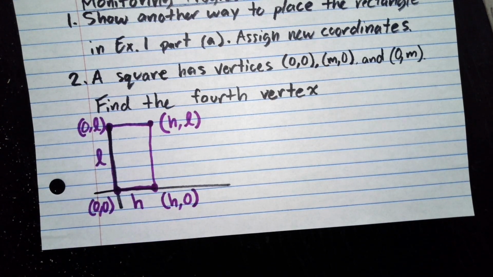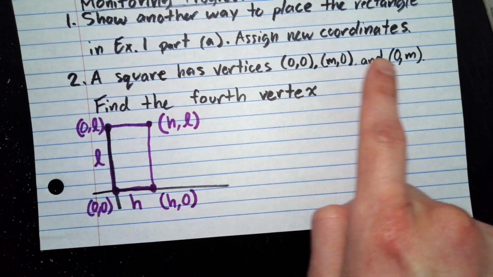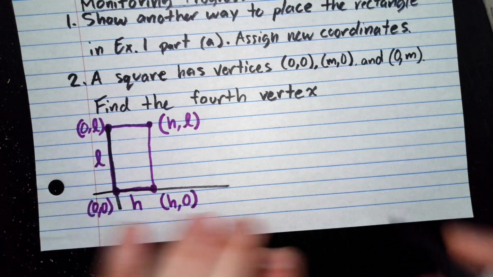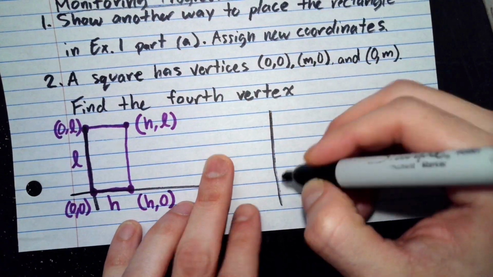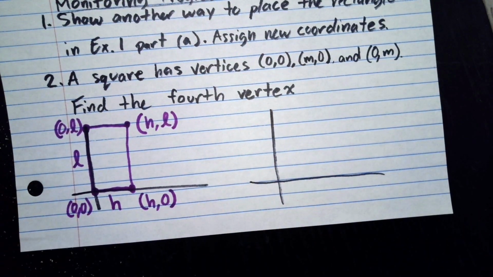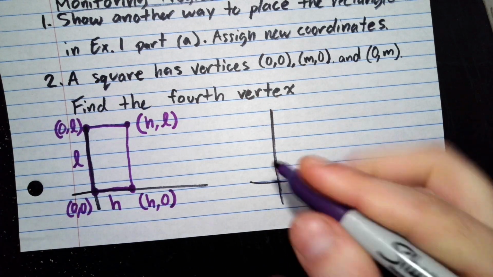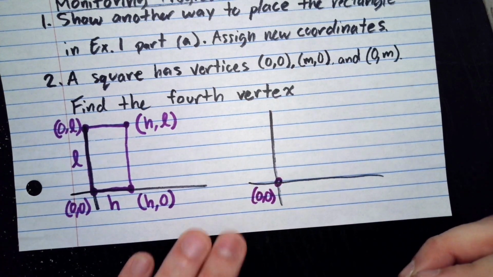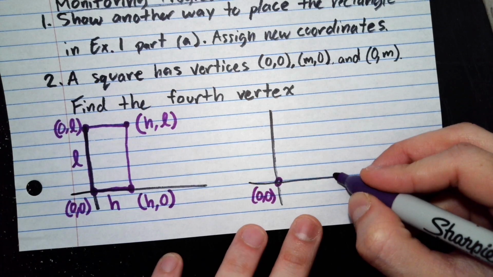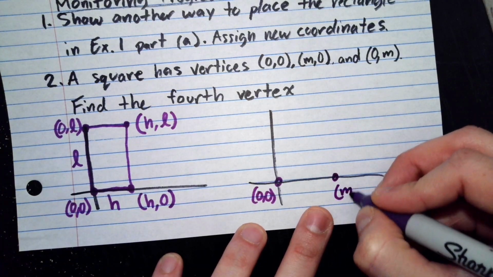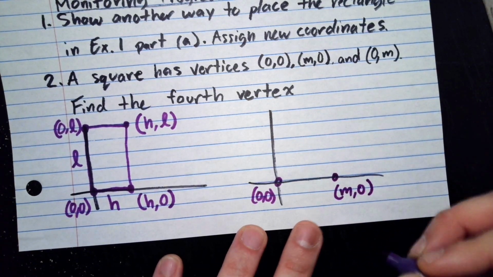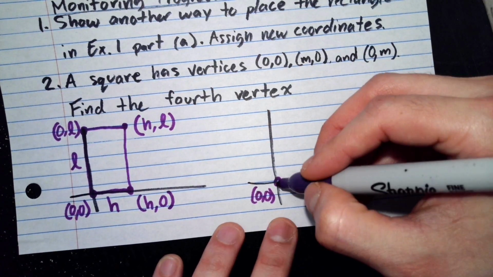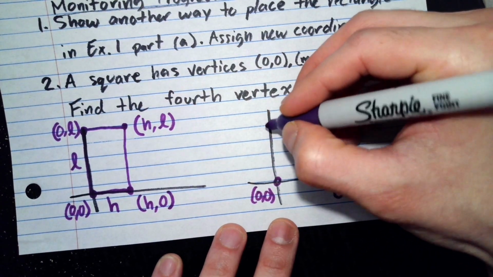Then number 2 says a square has vertices 0, 0, M, 0, and 0, M. Let's see, I'm going to draw these. There's my coordinate plane. We have vertex 0, 0. We have another vertex over here, M, 0. And then the third vertex is 0, M, right there.